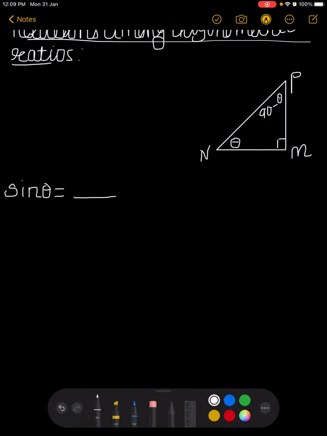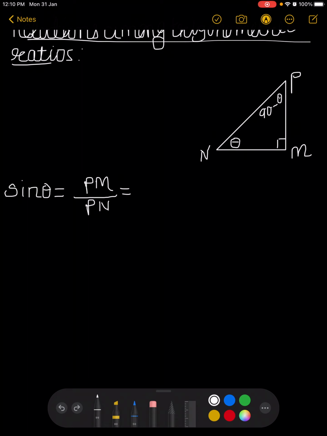What is the definition of sine? A ratio which contains the opposite side. Theta's opposite side is PM, so I will write PM now. And the hypotenuse is PN, so I'll write here PN. PM and PN, this ratio is sine theta.